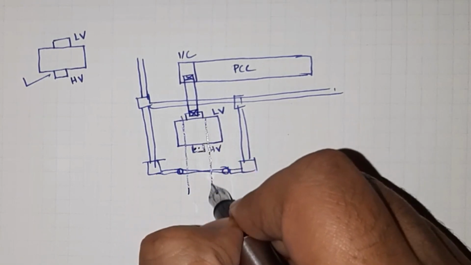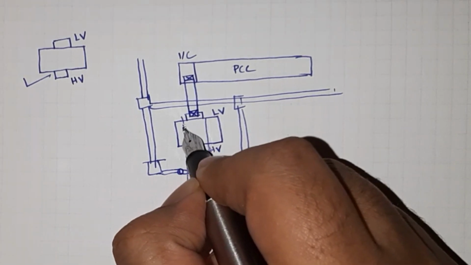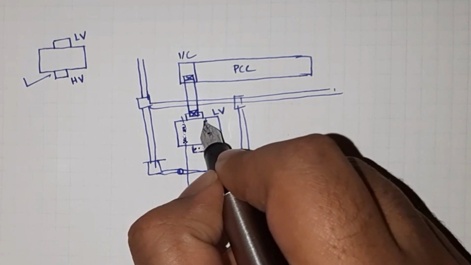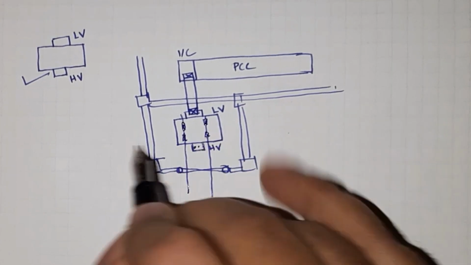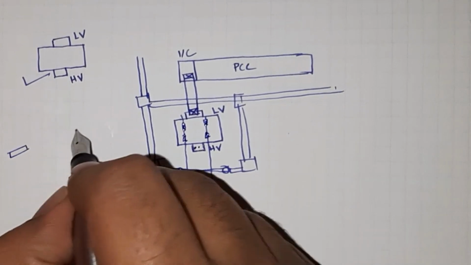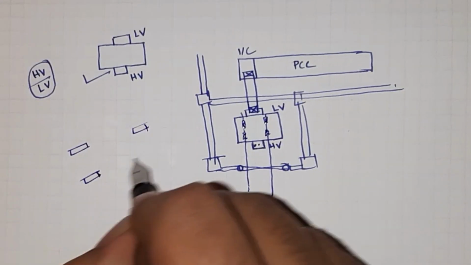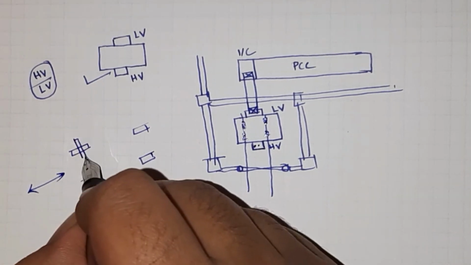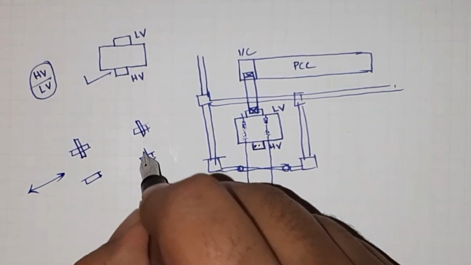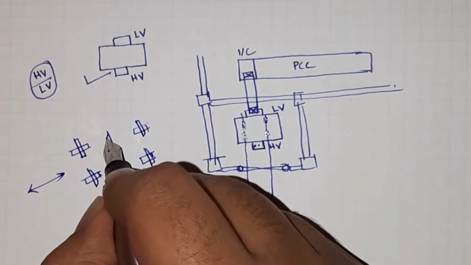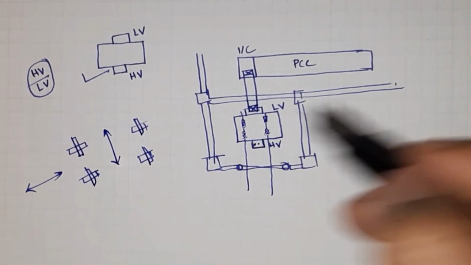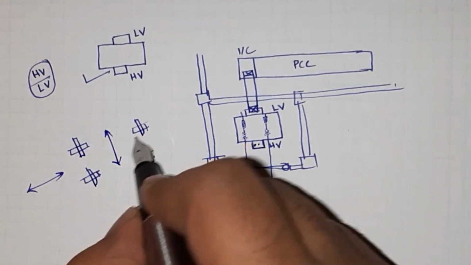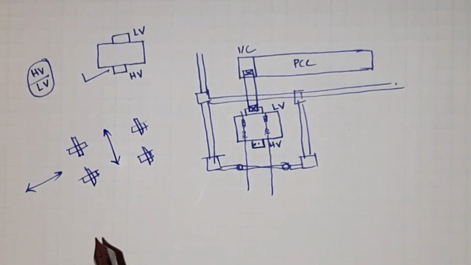If these are the transformer wheels, remember the transformer wheels are 360 degree rotatable. They can be rotated either this way, or placed like this for this direction of movement, or like this for that movement.